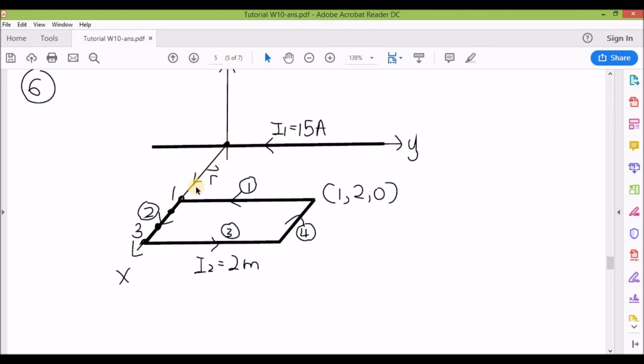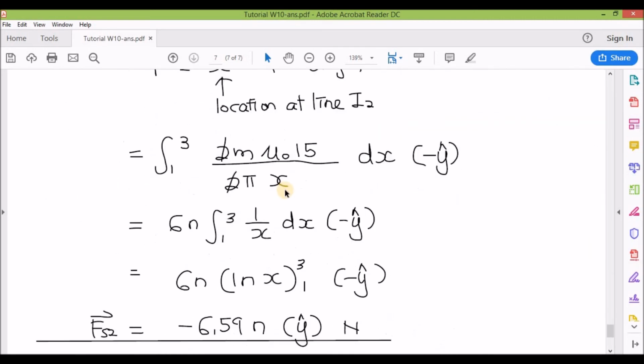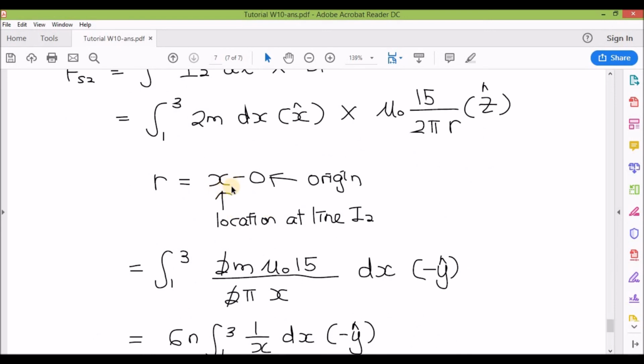To get the magnitude, you take the value here minus the value here. Here the magnitude is 1 and here the value is 0, so normally you take 1 minus 0 equals 1. But for every point here, you represent it with a variable. Here I put parameter x. So r will be x minus 0, the origin.